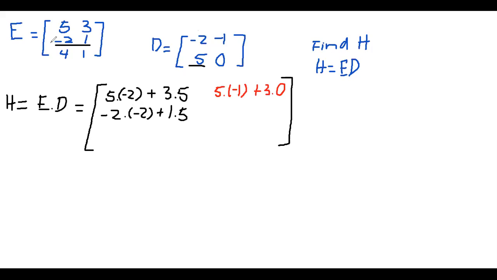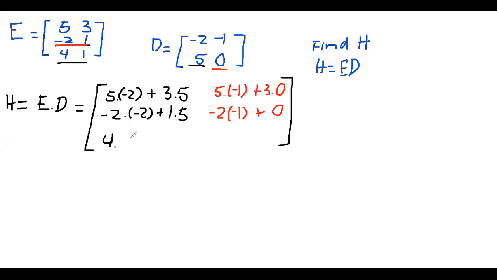Our next number is the second row of the first matrix multiplied by the second column of the second matrix. So negative 2 times negative 1 plus 1 times 0 is just 0. Pretty straightforward. Next, the third row of the first matrix multiplied by the first column of the second matrix.